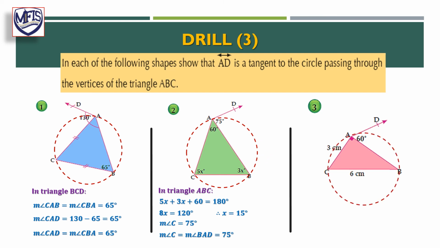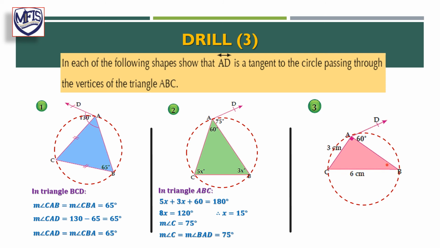Now, in number 3, imagine that we have a circle passing through the three vertices of the triangle ABC. Now, I have triangle ABC is a right angle triangle at A. And measure side AC is half the hypotenuse.